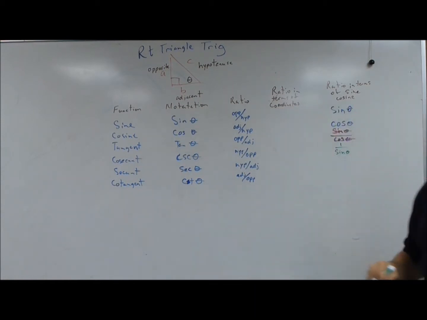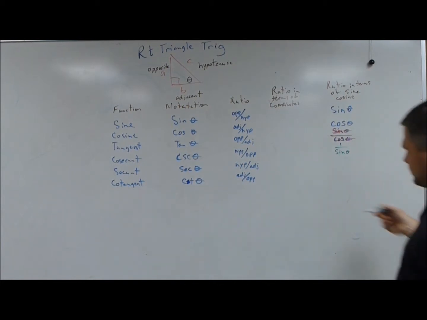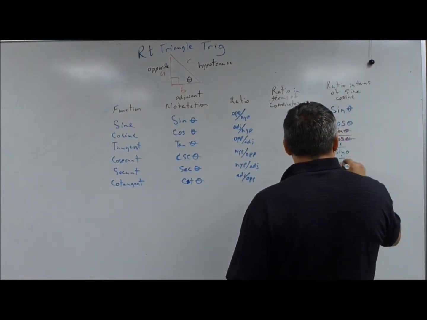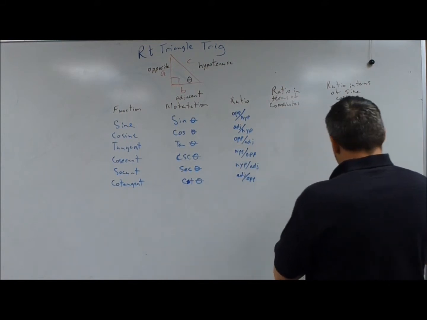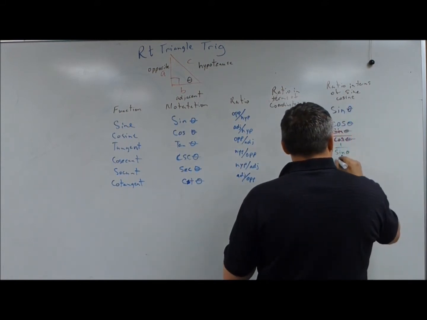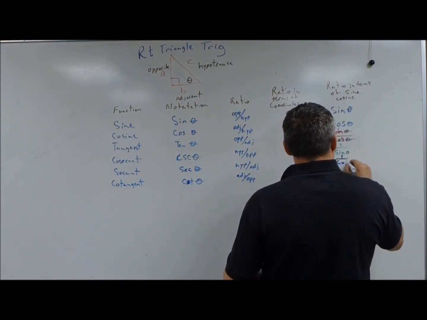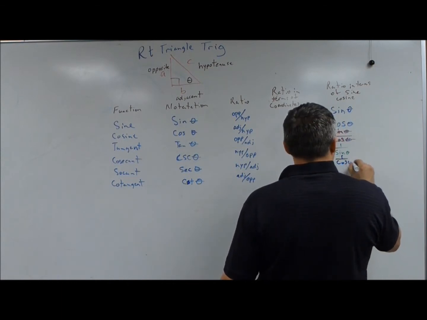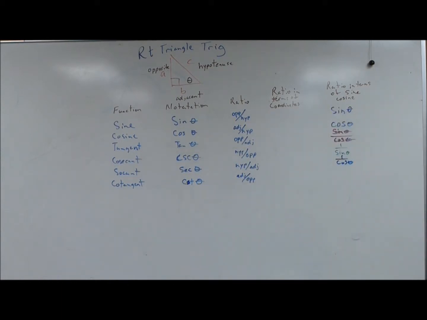theta. And then we've got secant, which we learned was 1 over the cosine theta, right? We learned that.